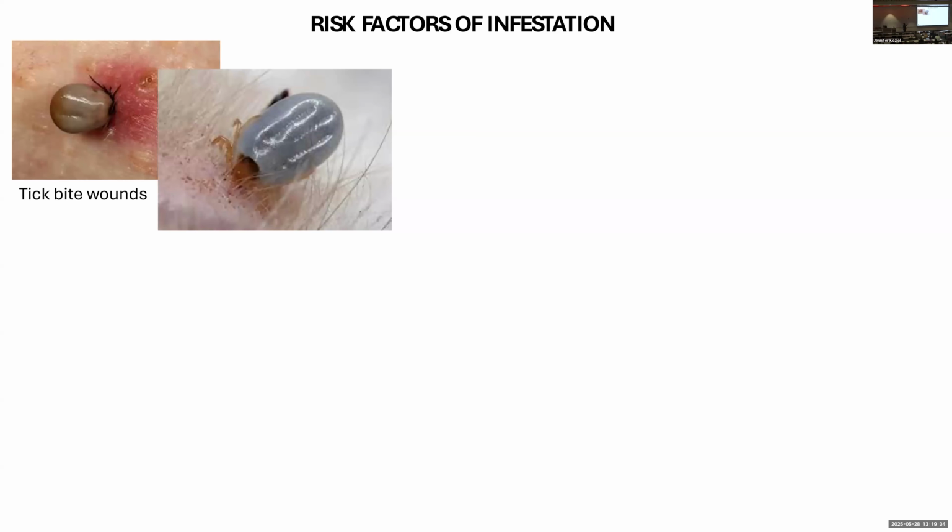The commonest ones are the ones I'm listing here. Tick infestation. And if you notice, we have a lot of ticks almost everywhere. This to me is more or less saying that, don't let me be a prophet of doom, if this could predispose, almost every animal will be at risk.